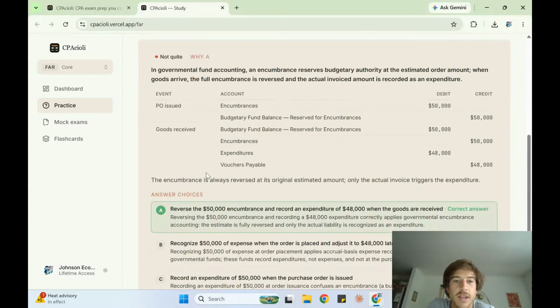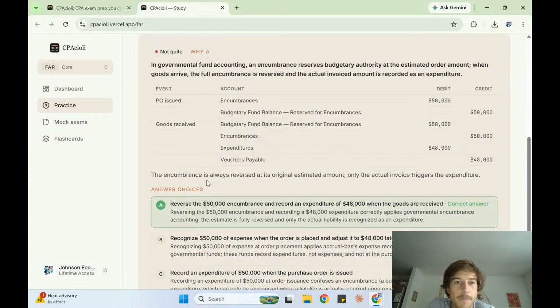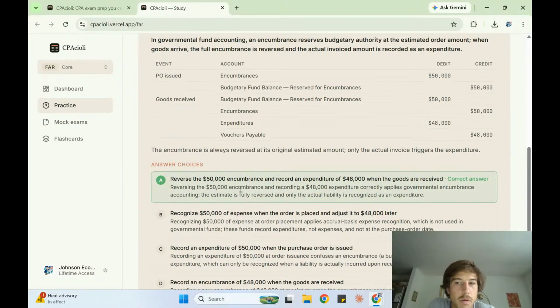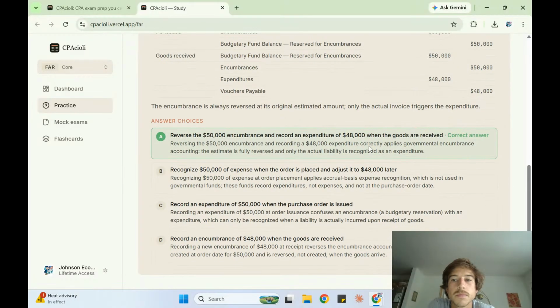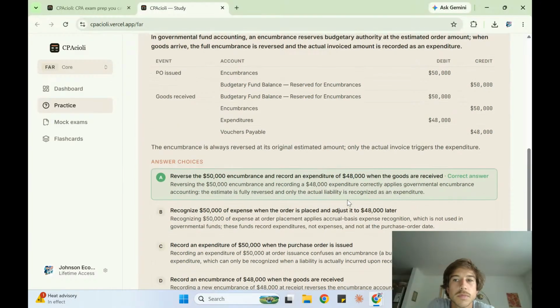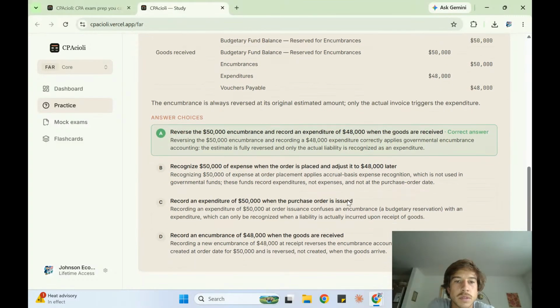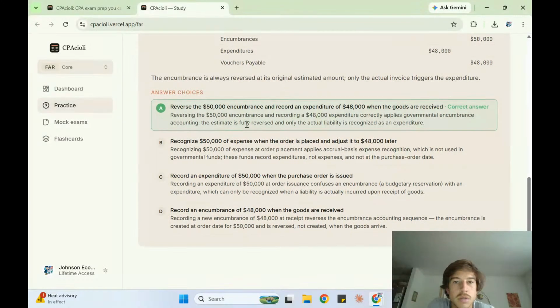Cool. I like that. Journal entry helps clear it up. Okay, the estimate is fully reversed and only the actual liability is recognized as an expenditure. Cool. Awesome.